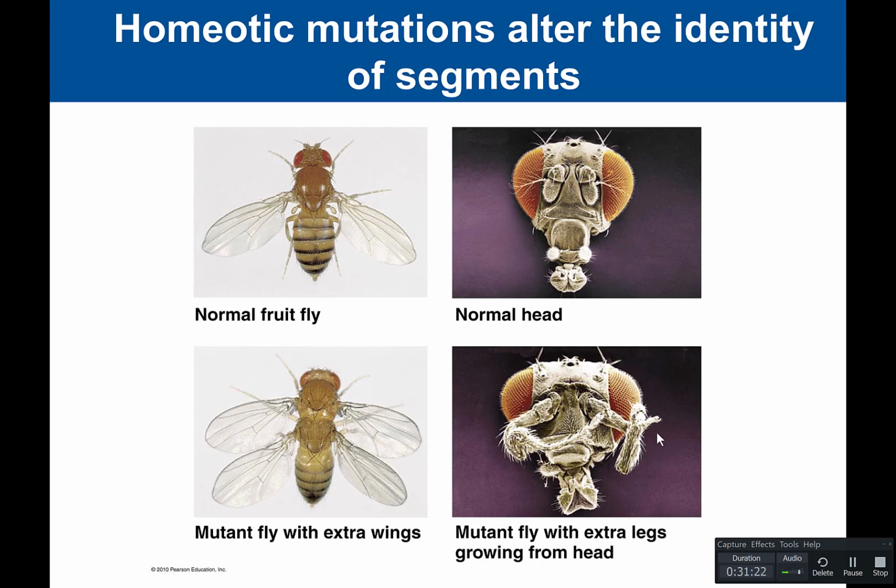And that's because these are homeotic genes. They regulate certain segments. If you move that segment gene into a new position, well, now you end up with whatever structures that controls, in this case, the legs, where the antenna should be. And so these are homeotic mutations.